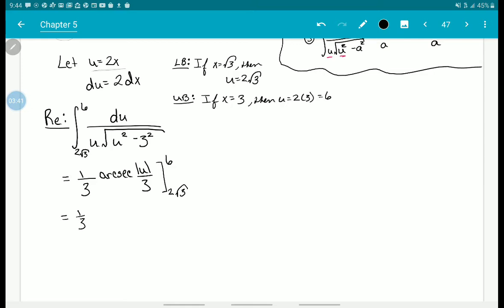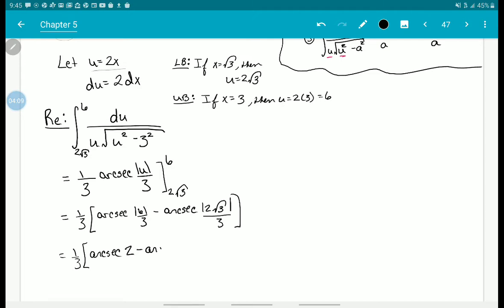It's going to be 1/3 times arcsecant of absolute value of 6 over 3 minus arcsecant of absolute value of 2 square root of 3 over 3. So this is going to reduce to a 2. And this is 2 square root of 3 over 3.